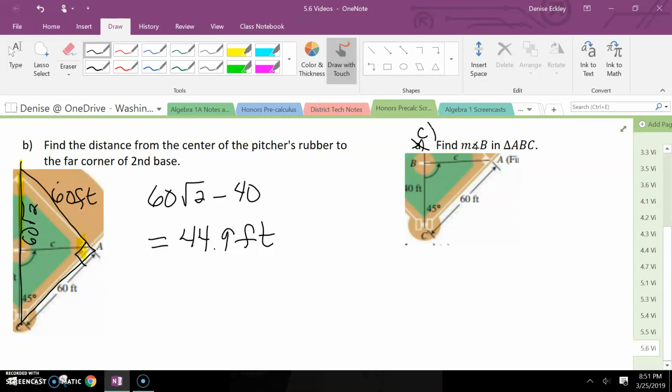Then finally, this should say part C. Part C asks us to find the measure of angle B in ABC. So we're back to our original triangle, and we can find the measure of B using the law of cosines.